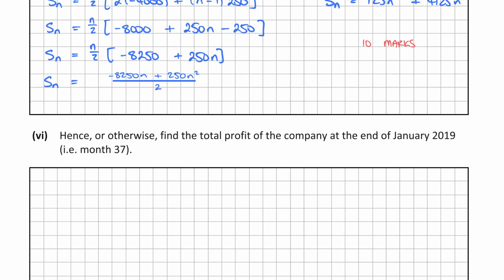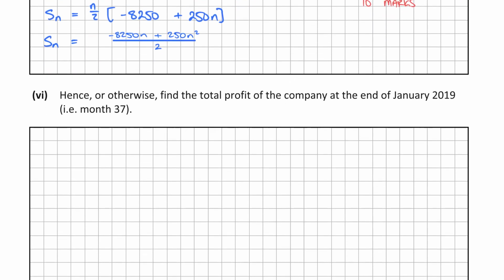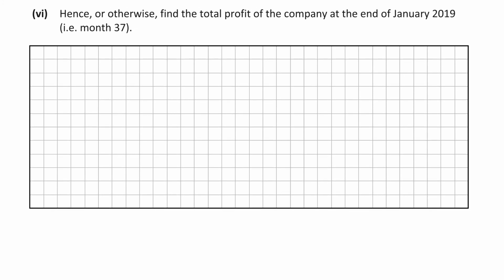So if we just go back there and look, we'll take the final version. S of n is equal to 125n squared plus 4,125n. Okay, so we'll bring that down. So we have that formula there. And what we're going to do now is instead of n, we're going to put in 37, because you can see there that n is equal to 37.